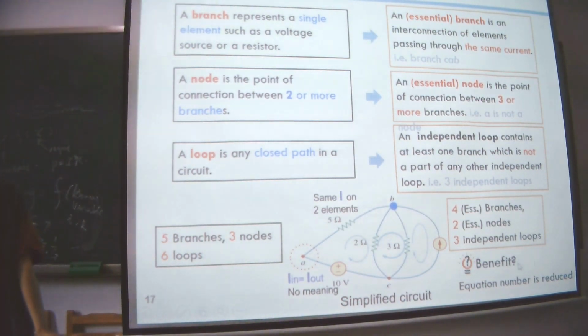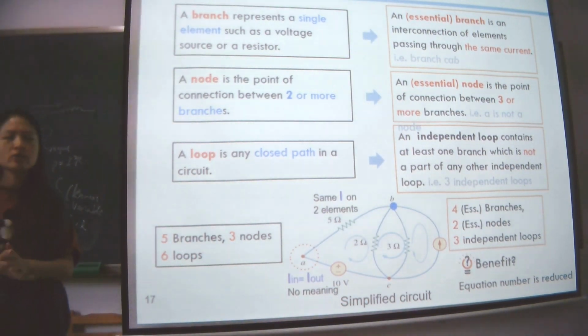Okay. So what is the benefit? We know the essential of circuit analysis is a method to solve an equation array, right? So if we use this definition, we'll get fewer equations.